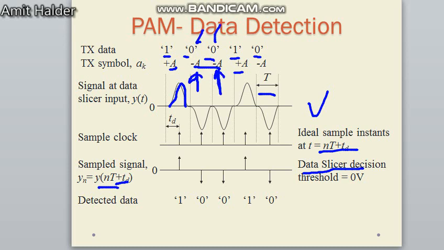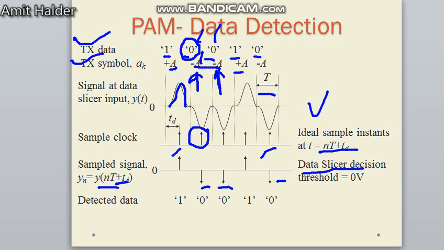So if we find 0, any kind of value will be transferred to minus A. That is the TX symbol, and that is the TX data. It is programmed so that whenever they get the binary 0, the amplitude will be negative, that is minus A. So the data slicer shows the negative or positive parts right there.